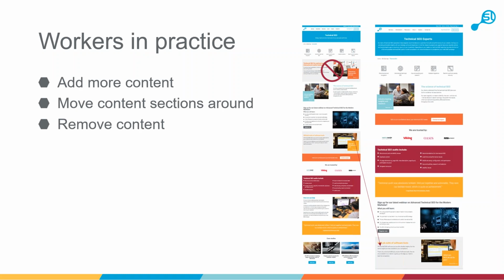Now, in some content management systems, it's fairly easy and straightforward. In others, it costs thousands of pounds or more to develop new page templates, and you have to wait to actually get that delivered. Whereas with Workers, you can spend a fairly limited amount of time and get that done right away.